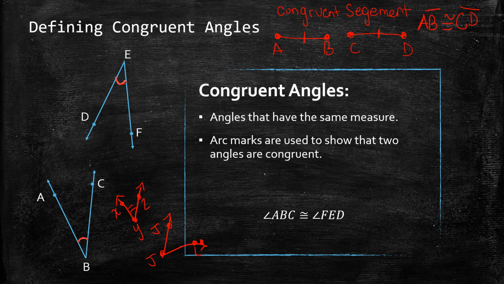We could put two arc marks to indicate that angle XYZ is congruent to angle JKL. So those two angles are congruent, but we would say angle ABC is not congruent to angle XYZ because ABC has one arc mark and angle XYZ has two.